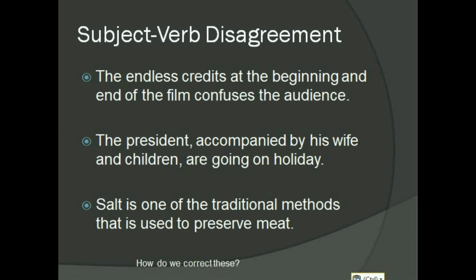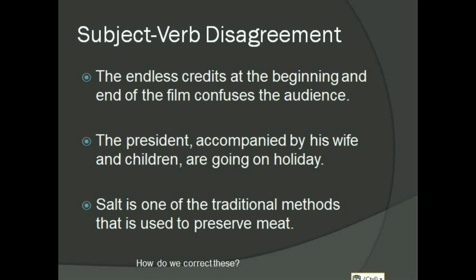So if we look at the first mistake, you can see we have the plural "credits" with the plural "confuses". Clearly this is incorrect. In the second, we are taking the word "the president" and we join that up with the plural "are". Even though we include his wife and children, this verb matches with the subject "president".